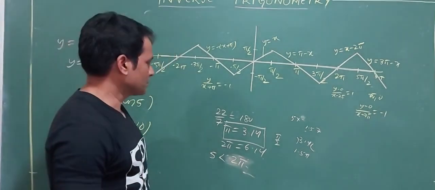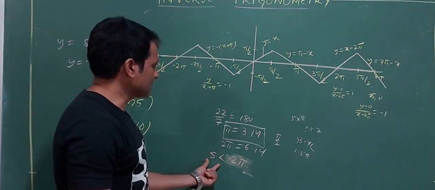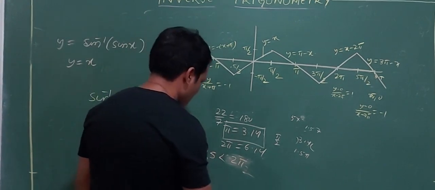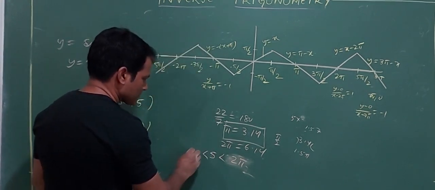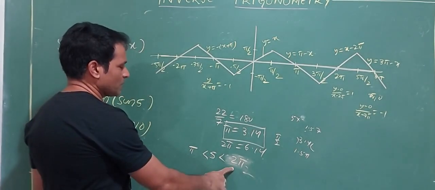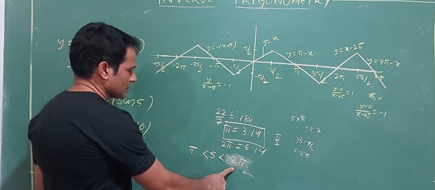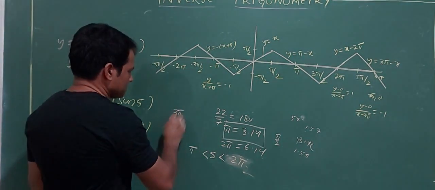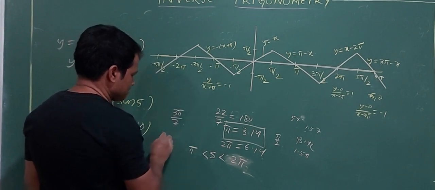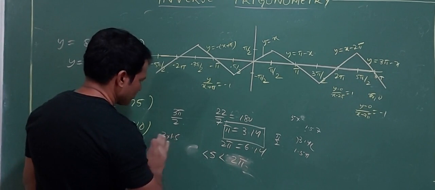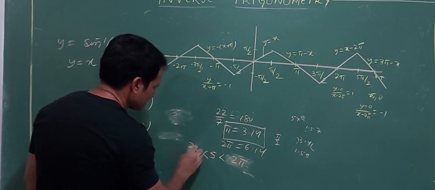Where does the value 5 lie? This is more than pi, less than 2 pi. This is more than 3 pi by 2.